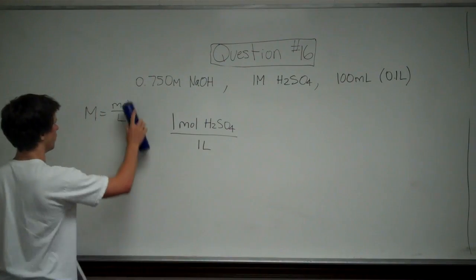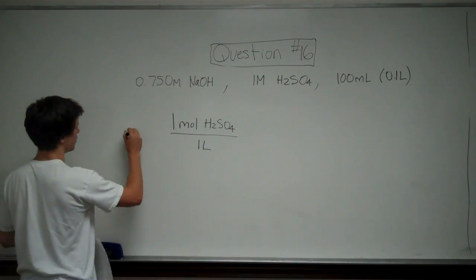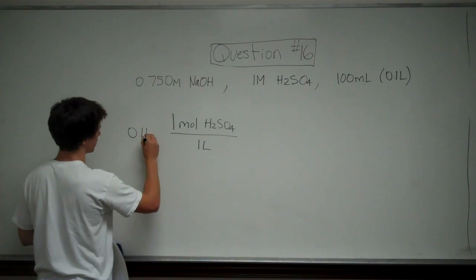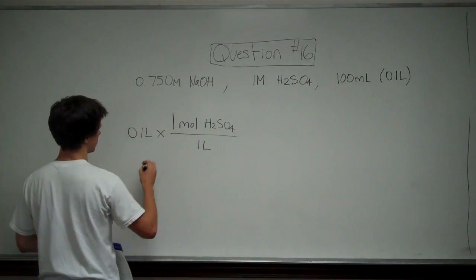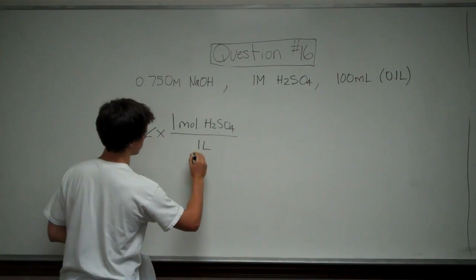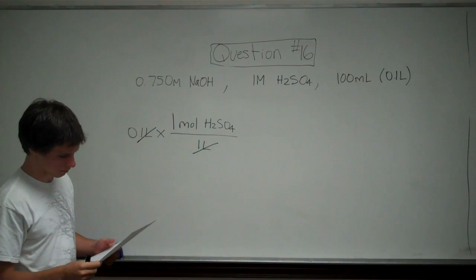Okay? But we don't have a full liter of it. We only have 0.1 liters of it. So if you multiply this by this term, then the liters will cancel out. So for right now, we're left with moles of H2SO4.